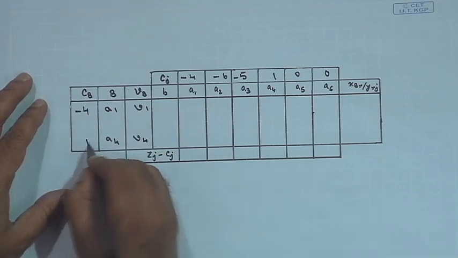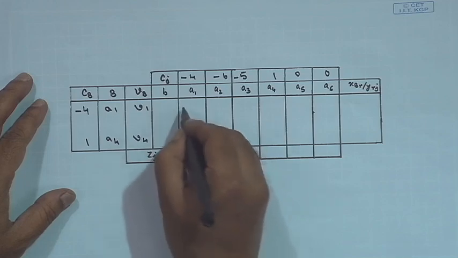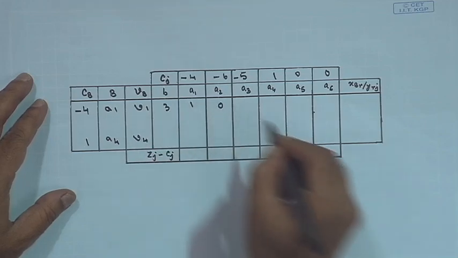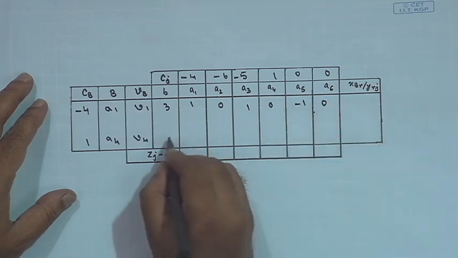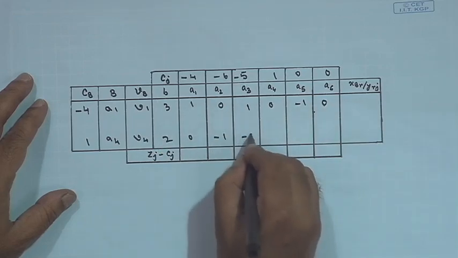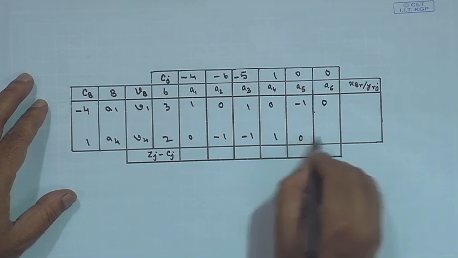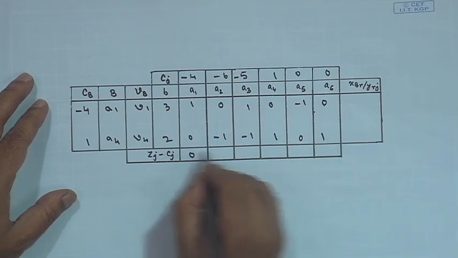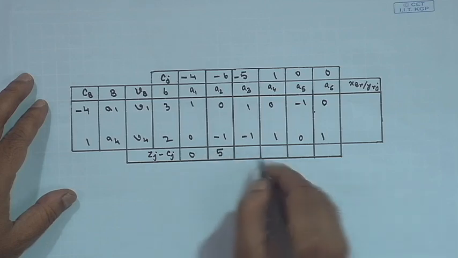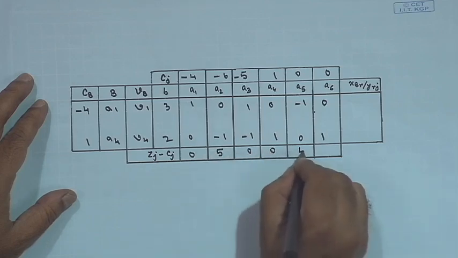This is minus 4, this is 1. So it will remain the same, 3 1 0 1 0 minus 1 0, this will be 2 0 minus 1 1 0 and 1. If you calculate the Zj minus Cj value now, it is 0 5 0 0 4 1.